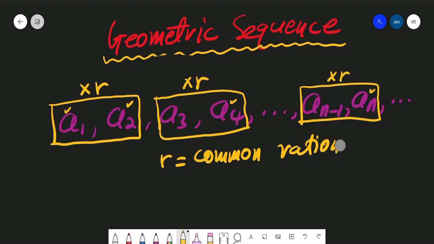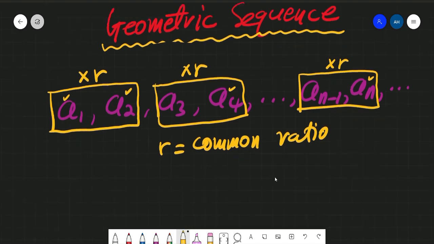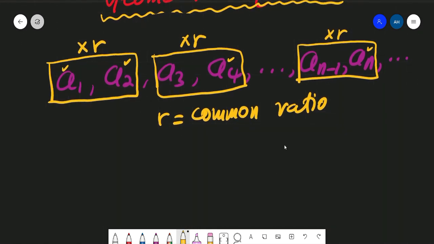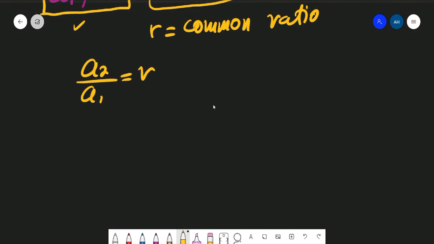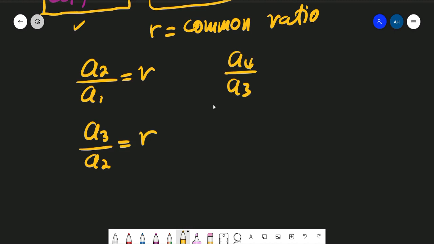Now, that means if we divide, for this first pair that we discussed just now, the next term by the previous term, that is, if we divide A2 by A1, we can get R. Not only that, if we divide the pair of A3 and A2, that is, A3 divided by A2, we also get the same number R. The next one, for example, A4 divided by A3, we still get R also.